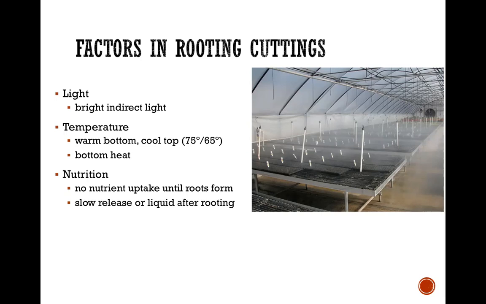And you want to make sure the temperature is warm, and especially where the roots are going to be developing, that has a good amount of warmth. We call that bottom heat. And if you're in the greenhouse, you might even have warming mats so that that area gets a lot of warmth. And at that time, while the roots are forming, you don't even need water. You don't really need nutrients. You can give them a little bit of mist, but you're not really feeding them. They're pretty much just producing those roots over those 2 or 3 weeks.